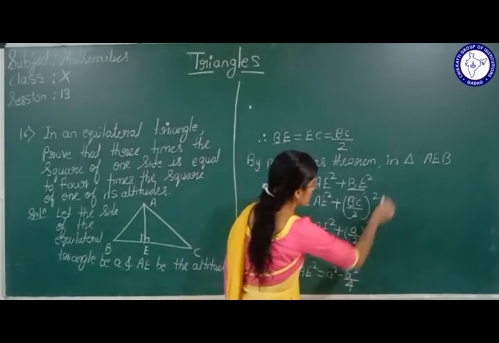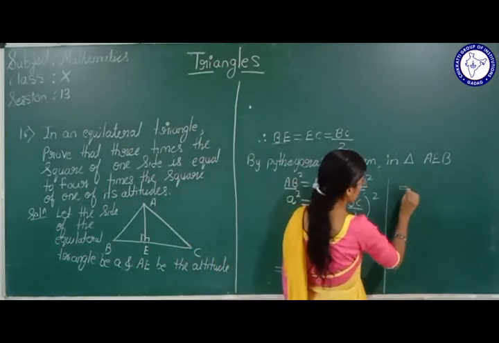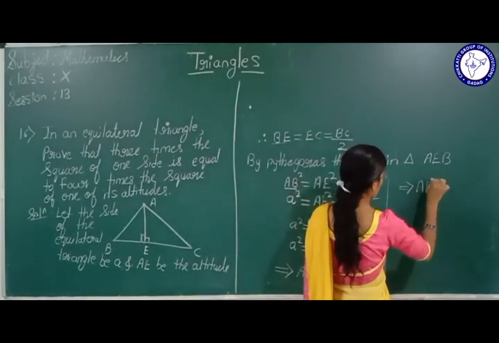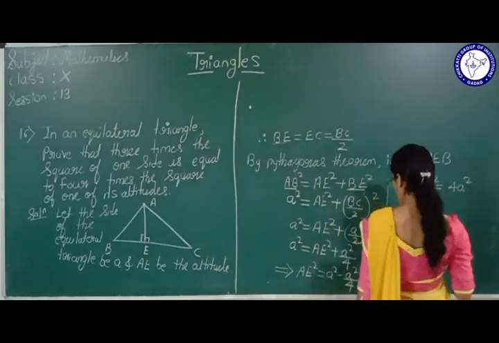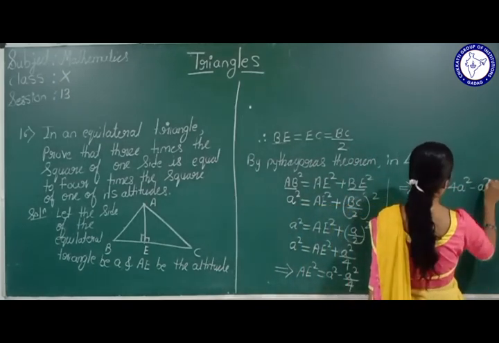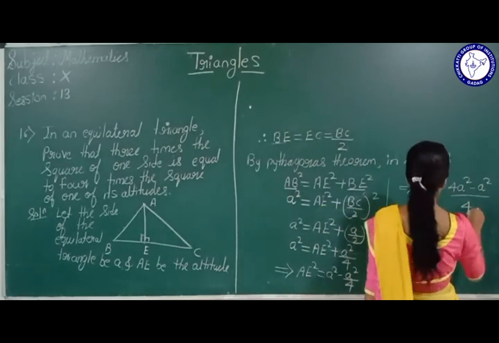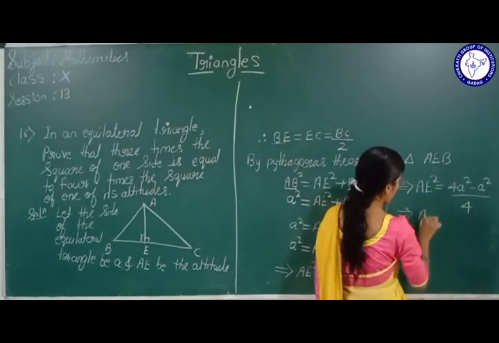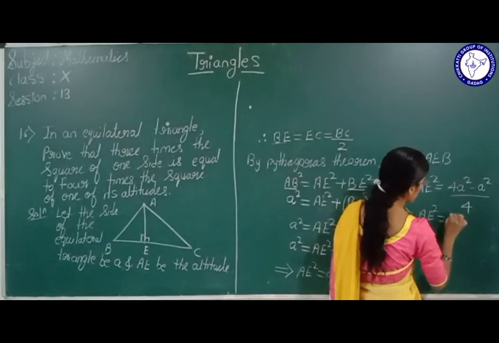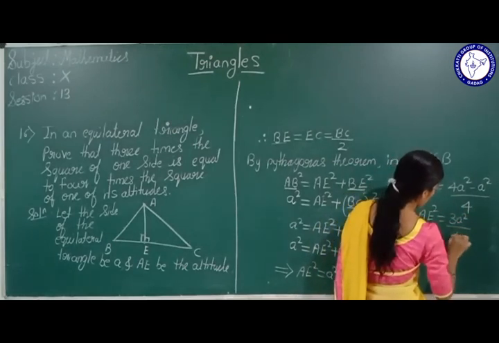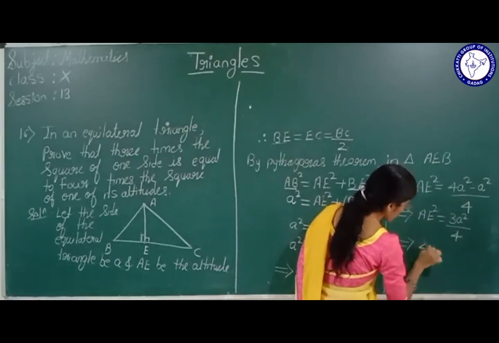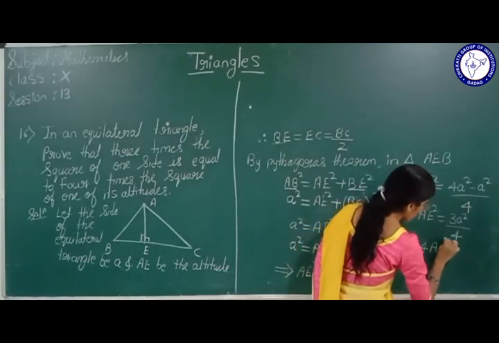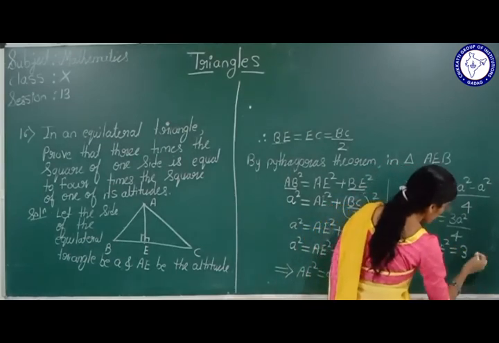So this implies AE square is equal to 4A square minus A square divided by 4. So this implies AE square is equal to 3A square by 4. So this implies 4AE square is equal to 3 times A square.